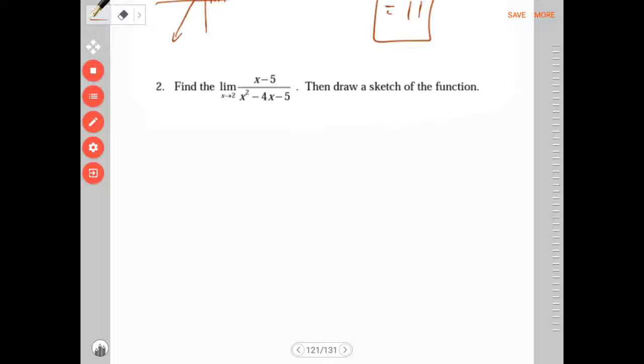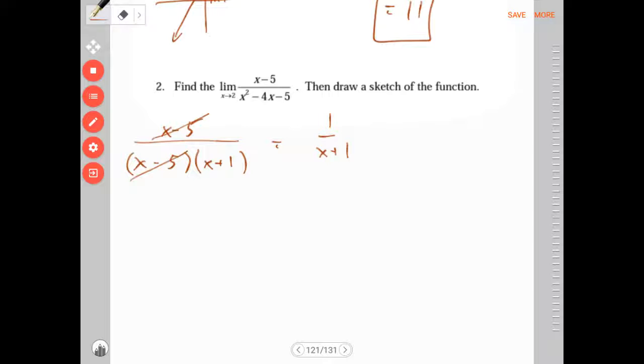So again, let's have a quick look at what this does. Let's factor the bottom: x minus 5, x plus 1. So this part cancels and you get 1 over x plus 1.